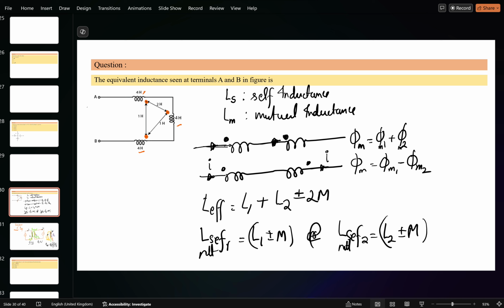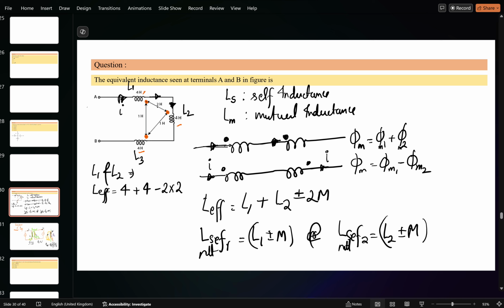If I consider L1 and L2, what is the L effective? L effective will come like this: L1 plus L2 minus 2M. Why? Because at the dotted terminal on one side the current is leaving and in the other inductance it is entering, so it will become minus 2 times M.